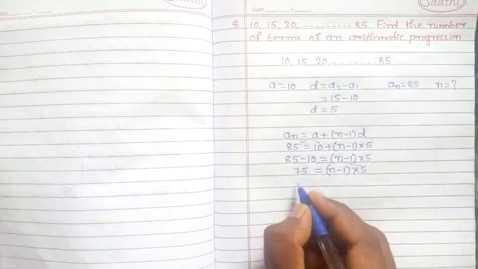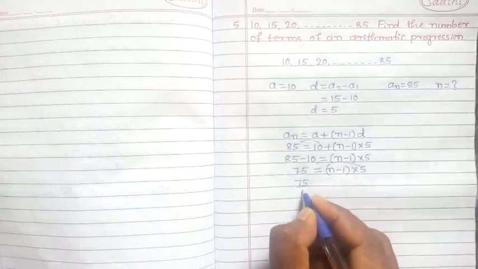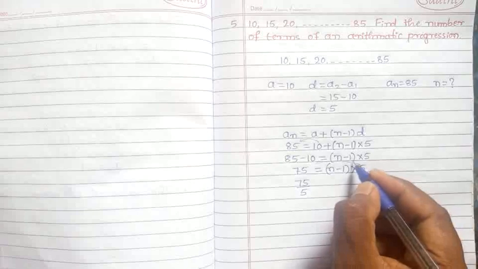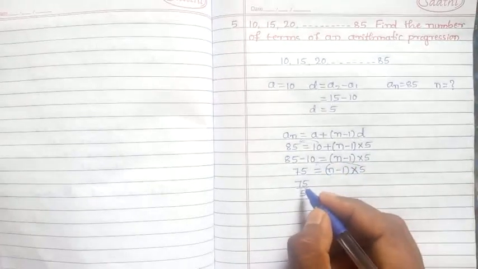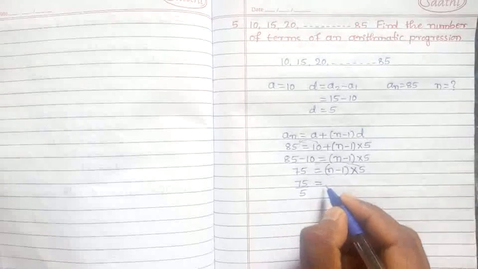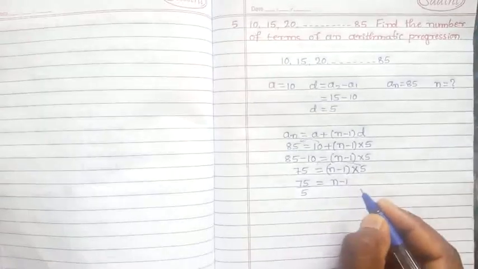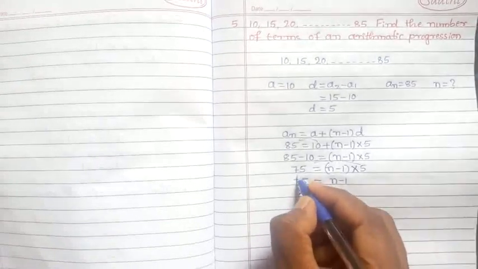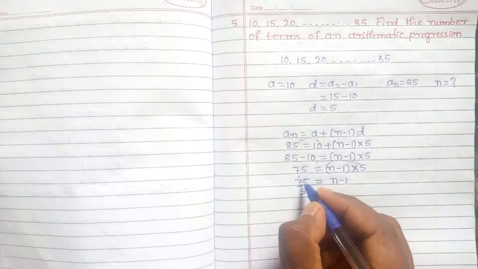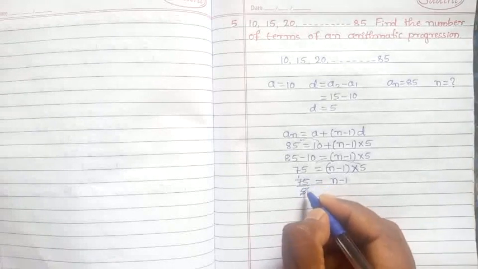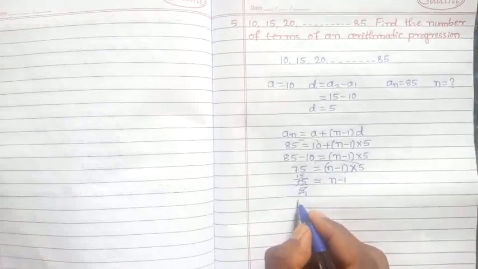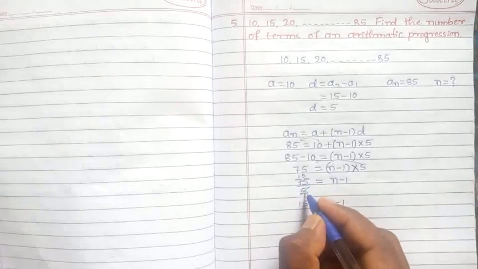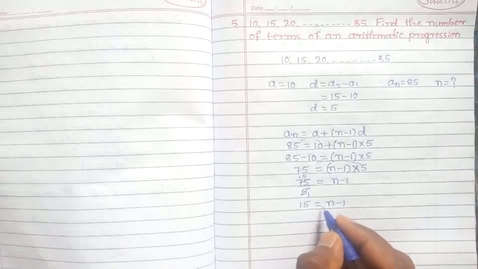Multiplication becomes division. 75 divided by 5, because this 5 is connected by a multiplication sign. 75 divided by 5 is equal to n minus 1. 5 ones are 5, 7 minus 5 is 2, 2 is remaining, then it becomes 25. 5 fives are 25. Then 15 is equal to n minus 1.